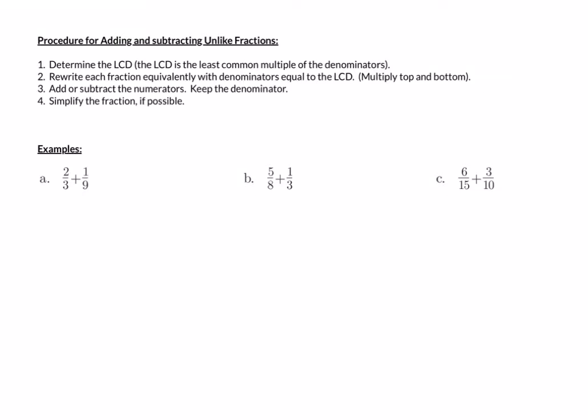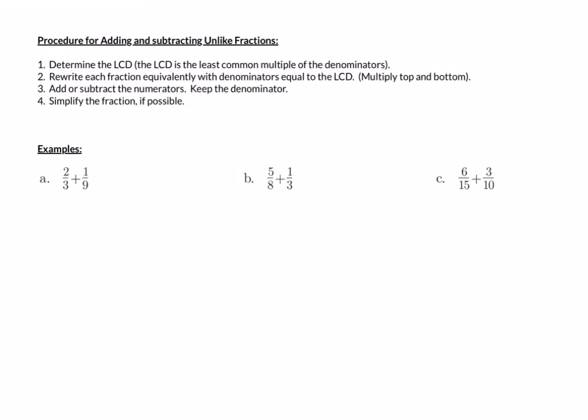So our procedure for adding and subtracting unlike fractions. The first thing we want to do is determine what we call the LCD. LCD stands for least common denominator, and this is the least common multiple of the denominators. This is what we worked on in the last section. From there, we want to rewrite each fraction equivalently with denominators equal to the LCD.